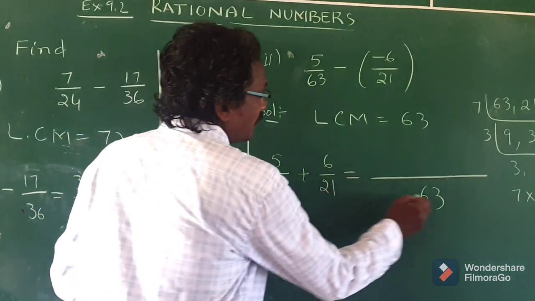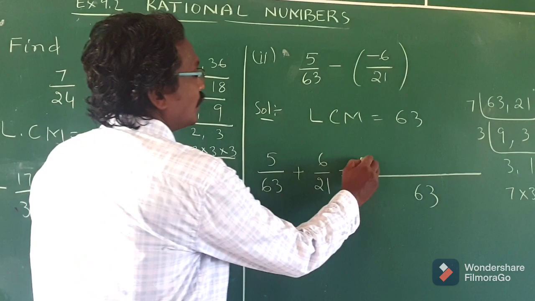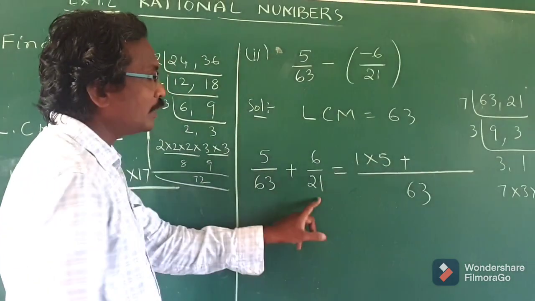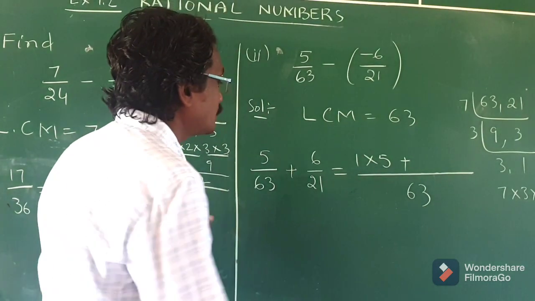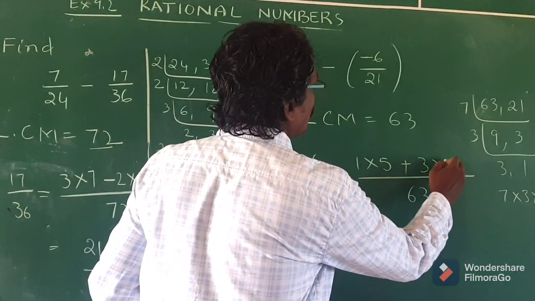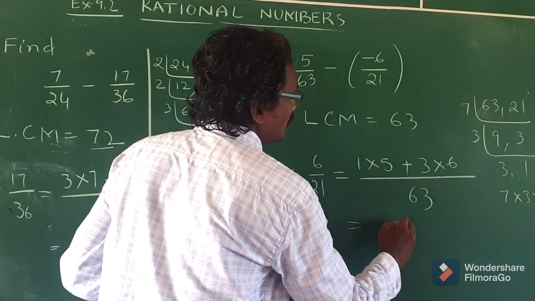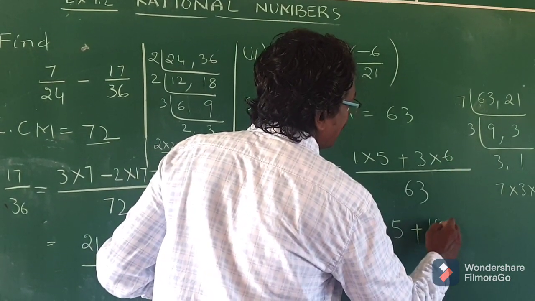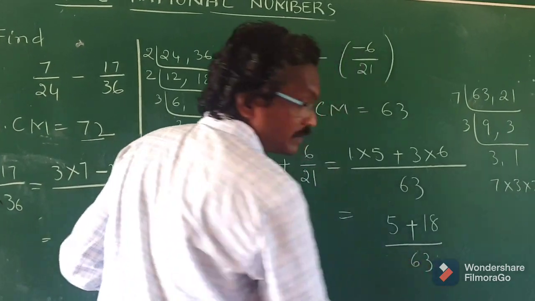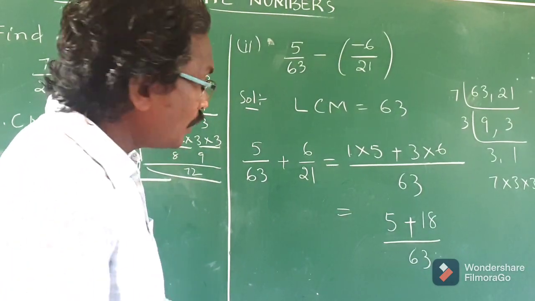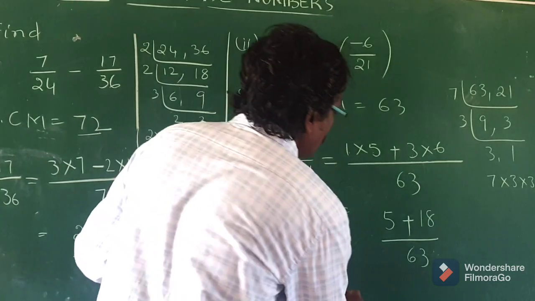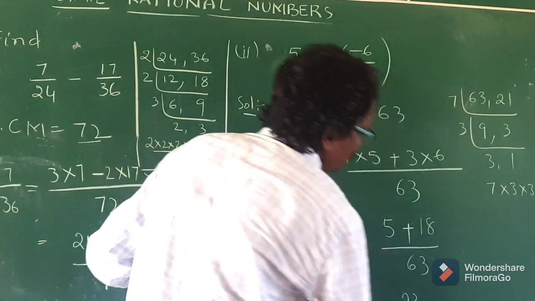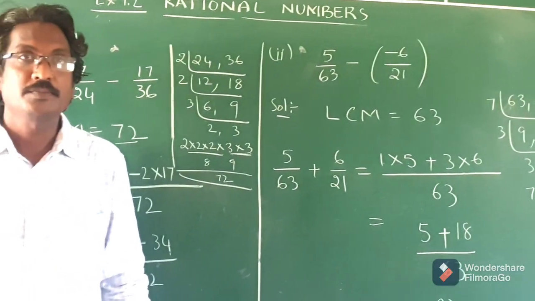Then 63, how many times? 63 one time. 1 into 5, plus 21 table, how many times? 3 times, into 6. 1 five is 5, plus 3 sixes are 18, by 63. Now 18 plus 5 is 23 by 63. Is it clear?